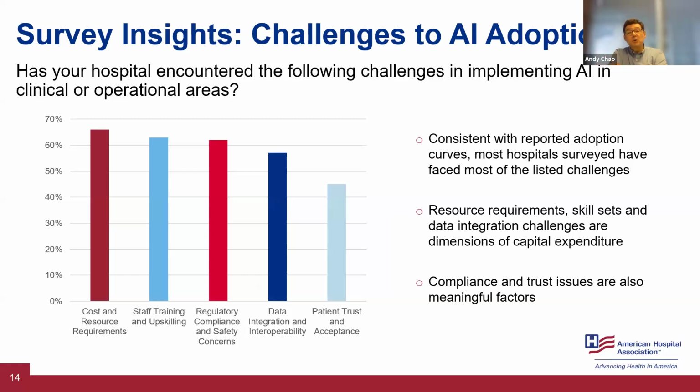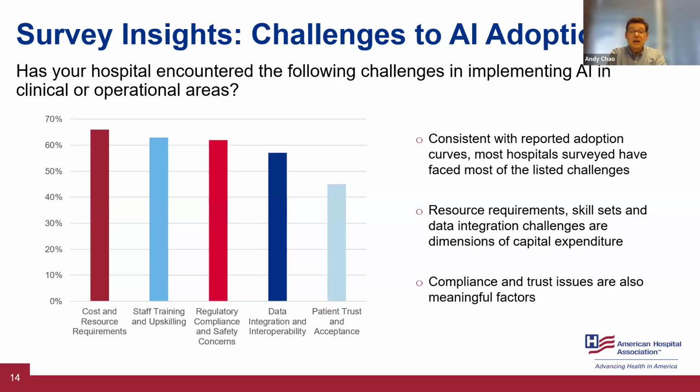We asked a follow-up question for all settings, and the question was what challenges hospitals have faced in implementing AI. I think consistent with this early days adoption that we just saw, most responding hospitals are facing multiple challenges.